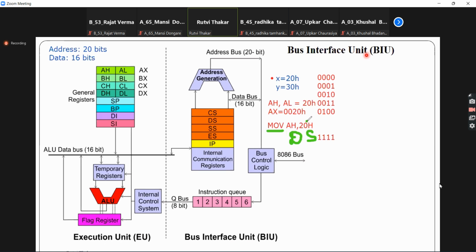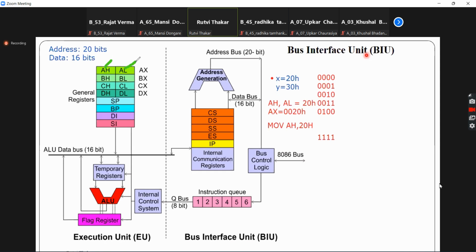So the direction of movement is from outside to inside. The data which is written last is the source, which will be moved to the register mentioned over here. So 20 hex is moved to the accumulator higher byte, AH.